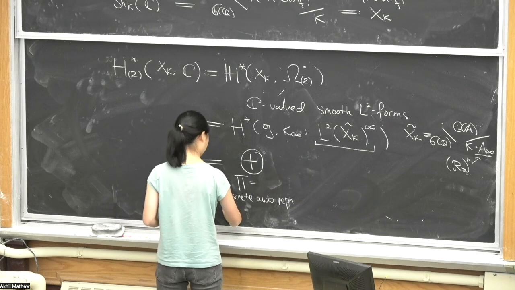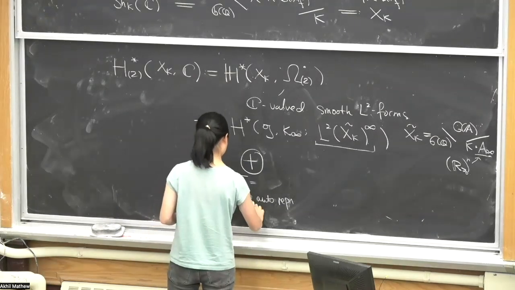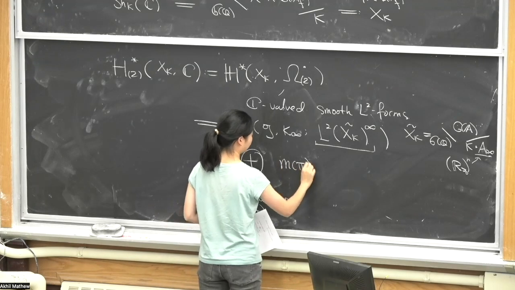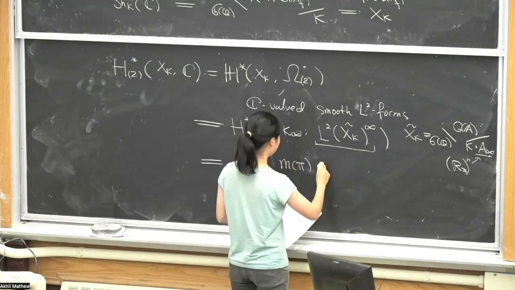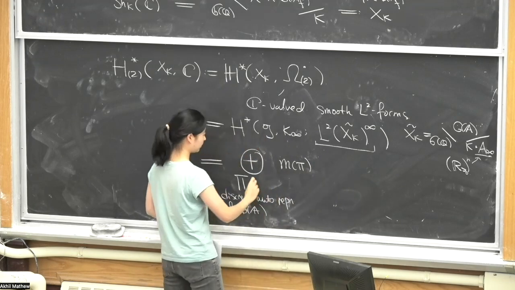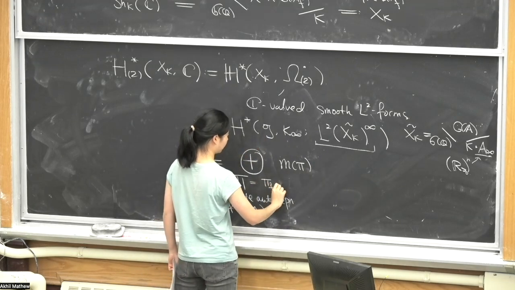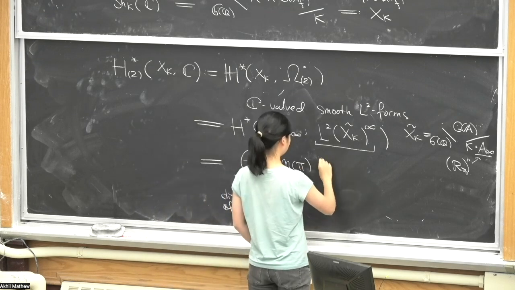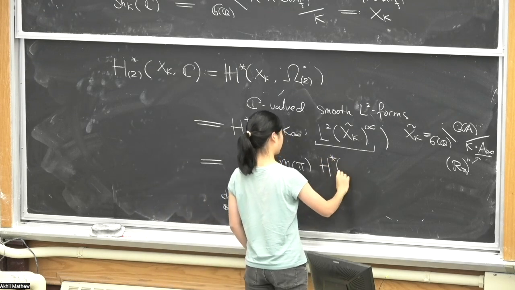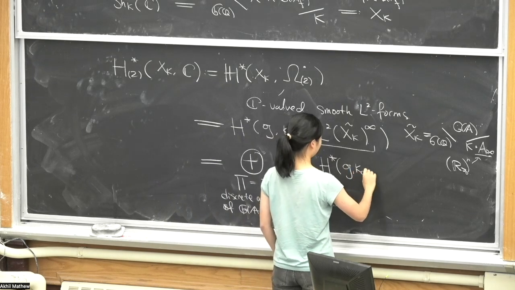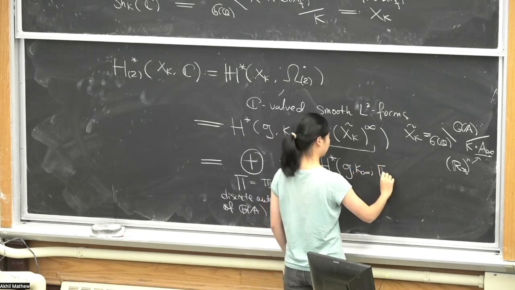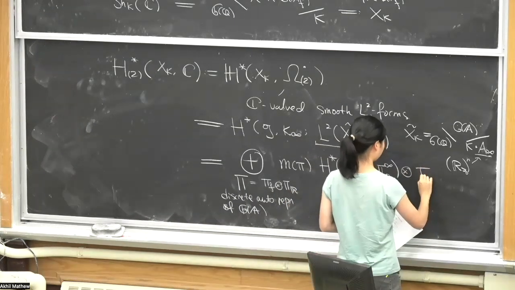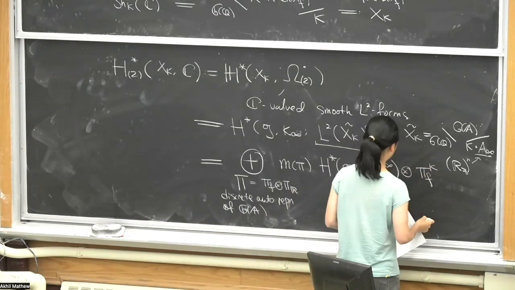Each appears with some multiplicity, and each of these representations also decomposes into a real part and a finite part. Then what remains in this formula is the relative Lie algebra cohomology with coefficients in the smooth vectors in the real part, tensored with the K-invariants in the finite part.